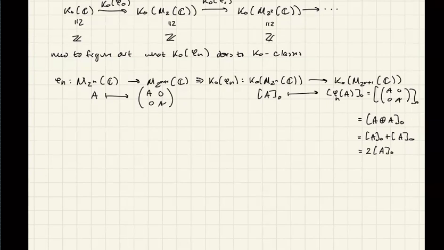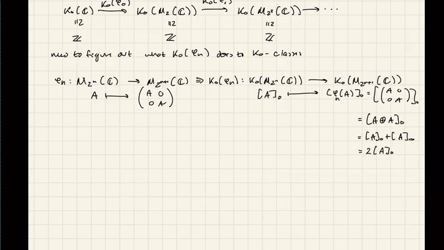There are some details that I'm throwing under the rug, like matrix amplifications happening, all sorts of stuff. There are a lot of things that I'm not telling you, and you can fill in the gaps if you so choose, if this is interesting to you. But the idea here is this induced map takes a K0 class and sends it to 2 times that K0 class.